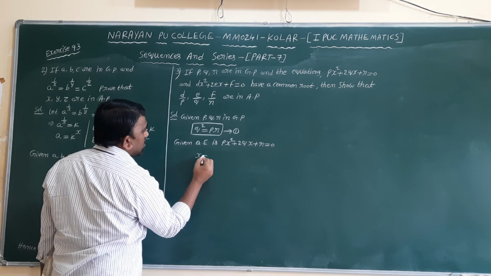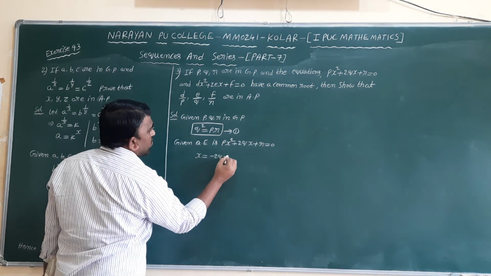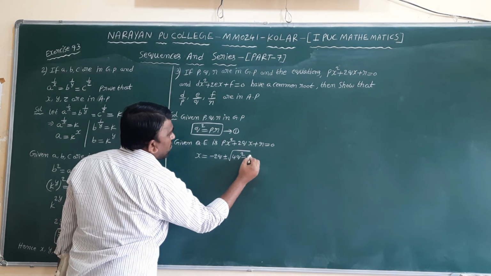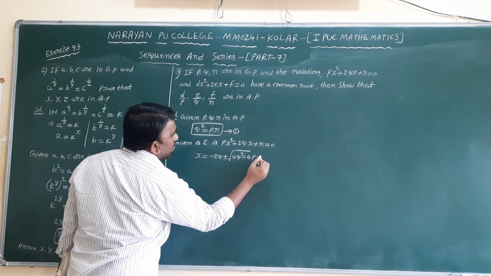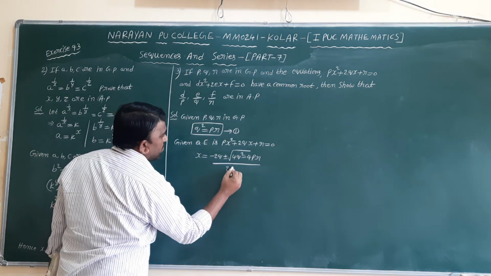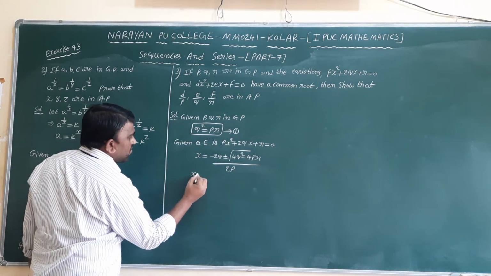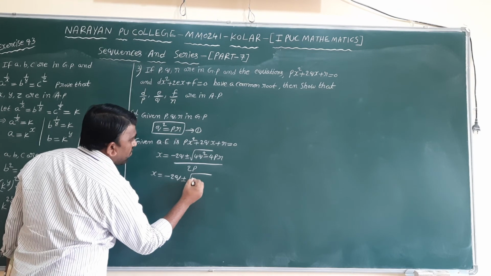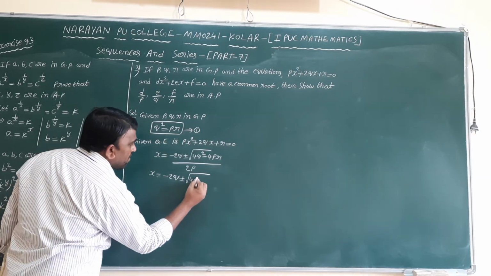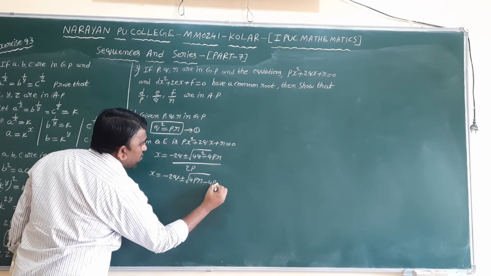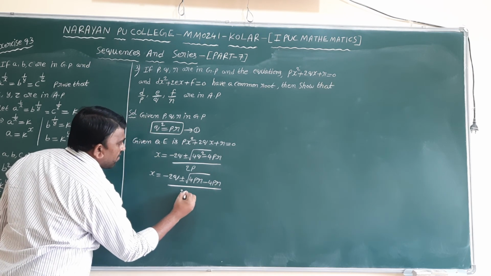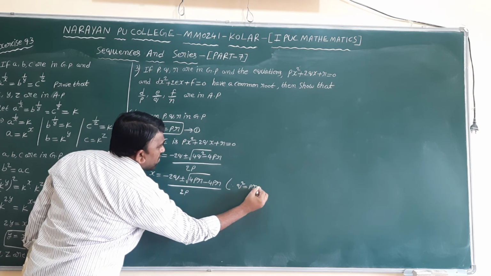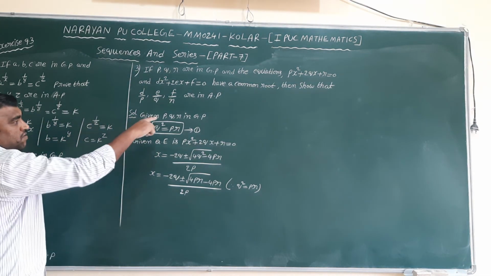Find the solution: x equal to minus b plus or minus square root of b square minus 4ac, divided by 2a. Here b is 2q, so 4q square, minus 4 times p times c, where c value is r, divided by 2p. x equal to minus 2q plus or minus square root of 4 q square, we can write pr, minus 4pr, divided by 2p, since q square equal to pr. In place of q square we can take pr because p, q, r are in GP.